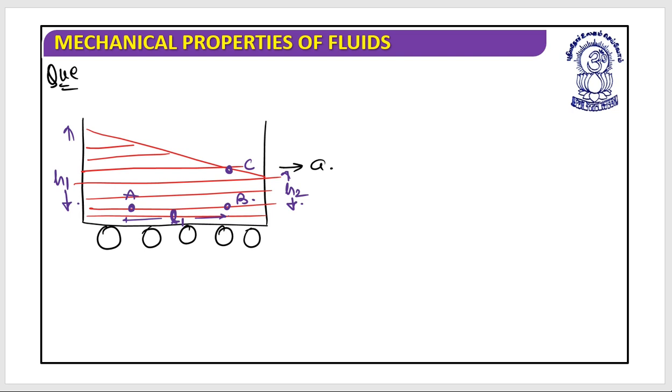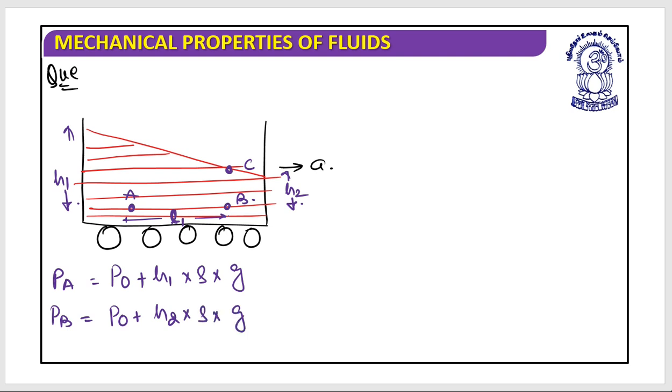So let's write down the pressure at A. First thing, it's P naught plus H1 into density of liquid into G. The pressure at B equals P naught plus H2 multiplied by density of liquid into G. Now the pressure at C is P naught only, because it is at the topmost position.